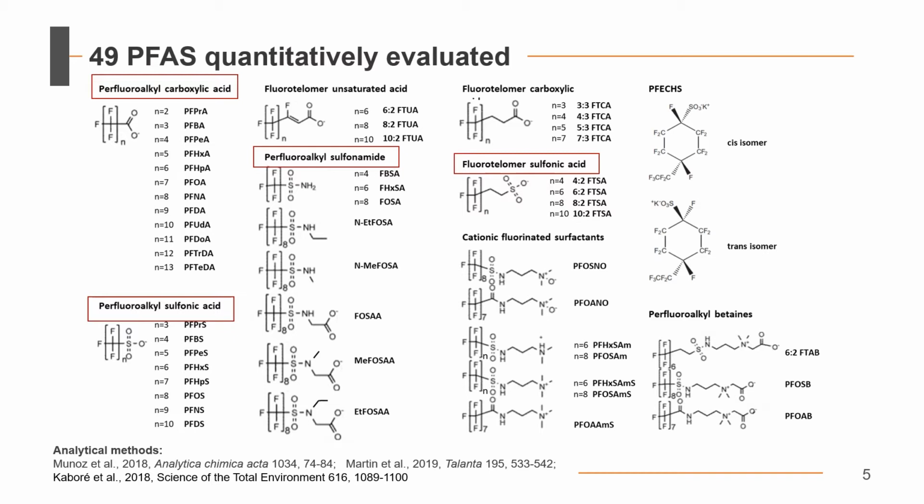The ones in the red boxes are the ones you're most likely to see in the regular US EPA or ASTM methods. But the ones in the bottom right corner are a few new ones for which we actually have authentic standards synthesized. That's where I want to have a little bit more focus.